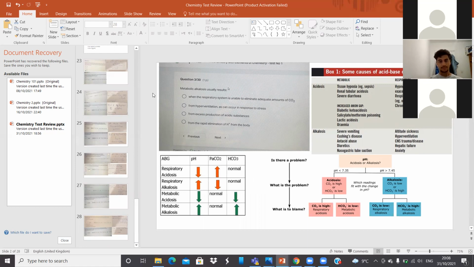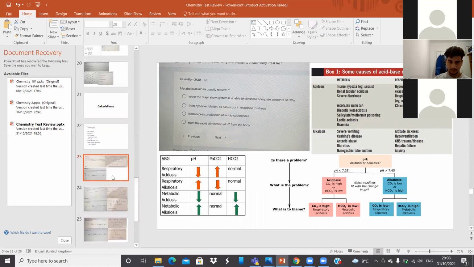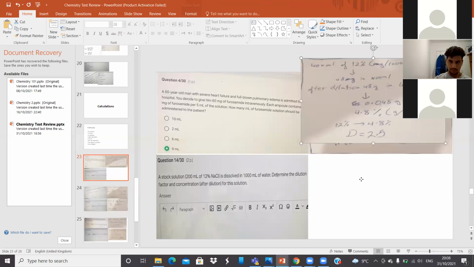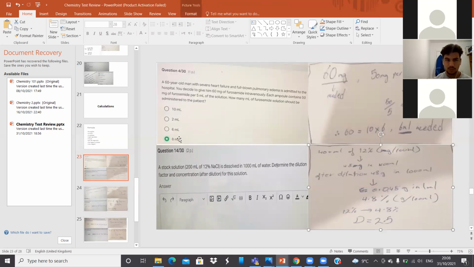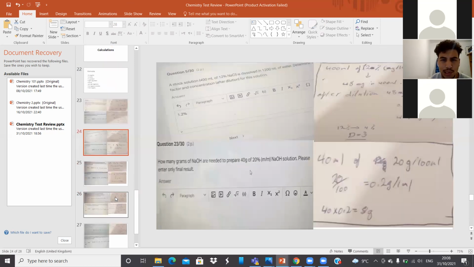I have one question. Yes, go ahead. From one of the calculation questions, where you got a percentage of something and then 200 milliliters, you always said you have to multiply it. So then you have 24 grams in 200 milliliters. It's like 200 milliliters and 12%. No, that's 400, but basically the same thing.